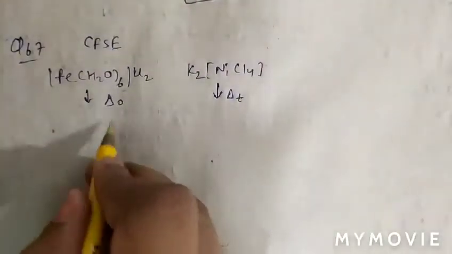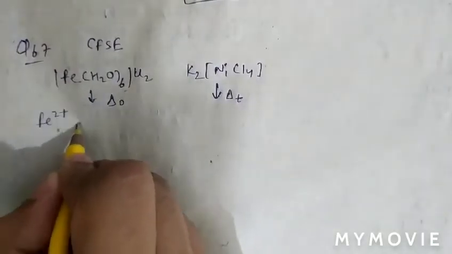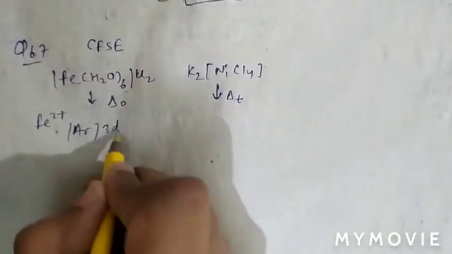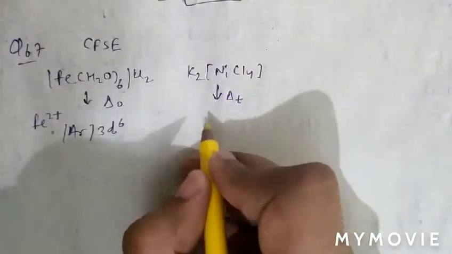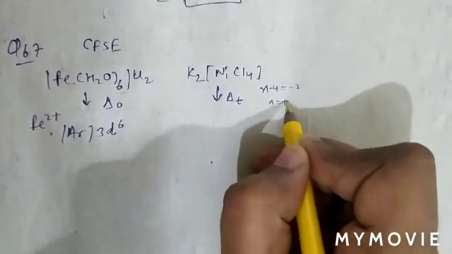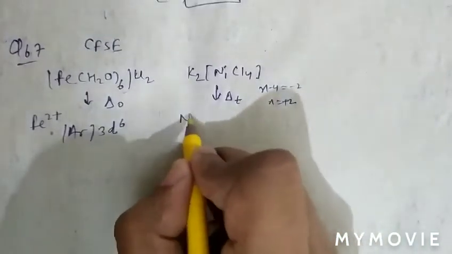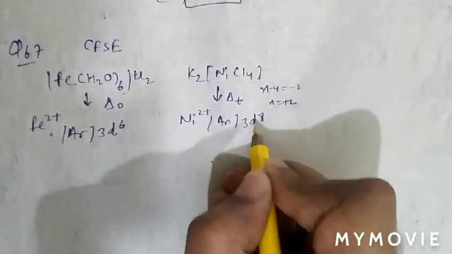The iron present here is Fe2+, so the configuration will be argon 3d6. For the second, the configuration is x minus 4 equals minus 2, so x will be plus 2. So nickel will be present in the form of plus 2, so it will be argon 3d8.